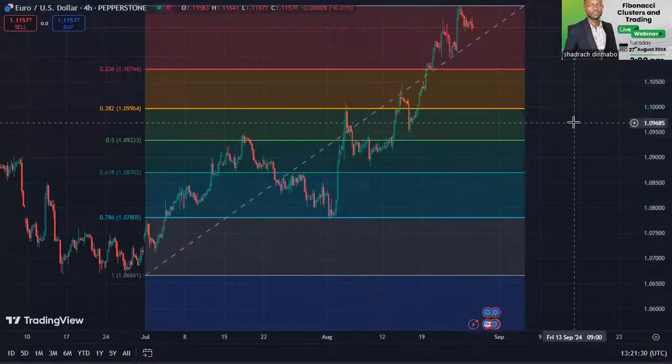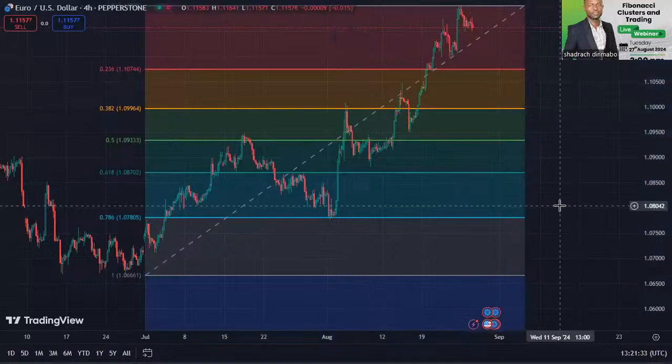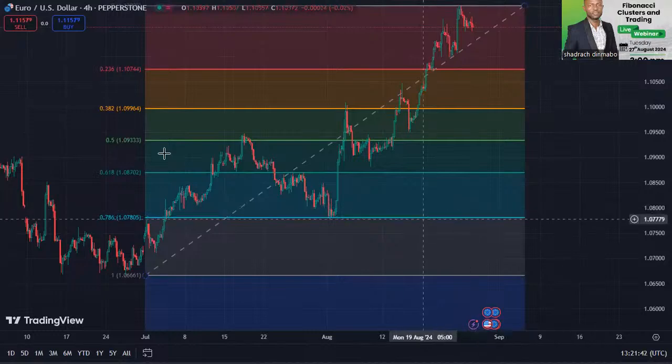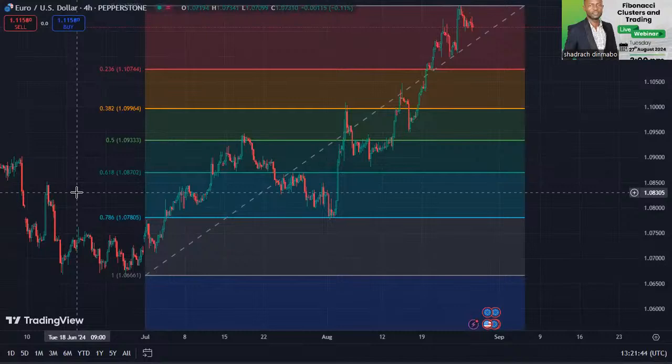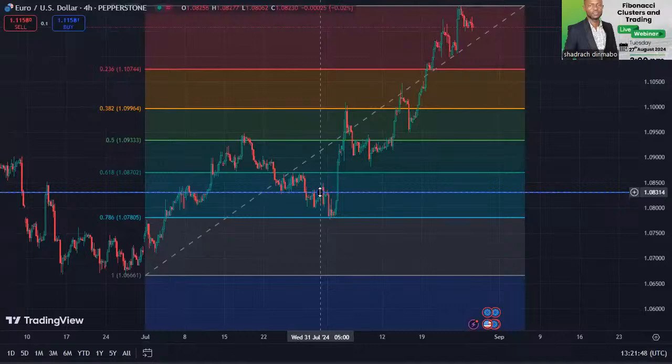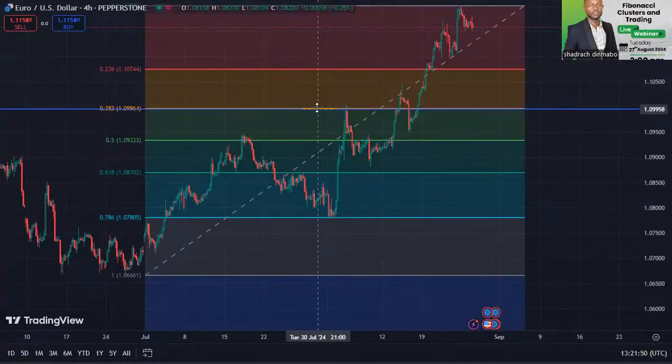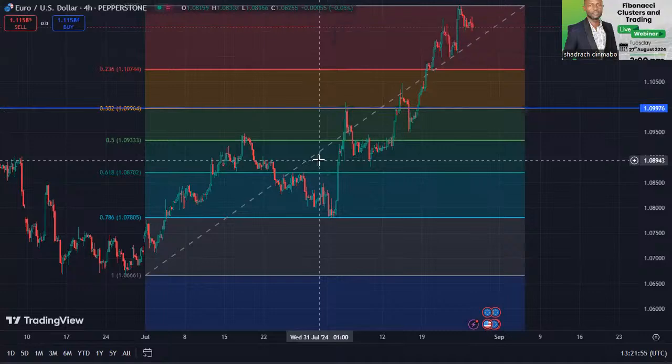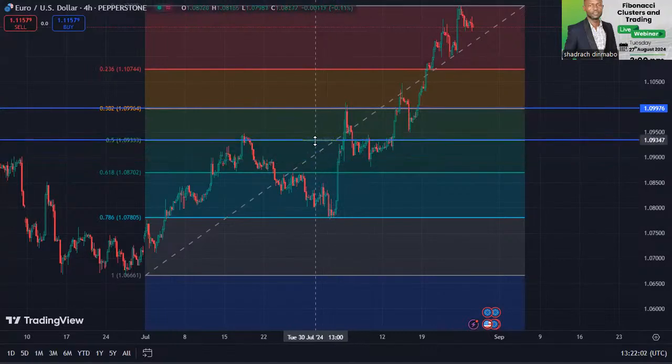Now, having identified this, the next thing we are going to do is identify our levels, the Fibonacci level of 38.2. Let's use our horizontal line to identify that one because those are levels we are going to be playing around with. Then two, Fibonacci level of 0.5 or 50% retracement level is the next one.